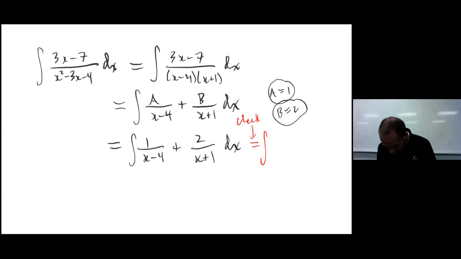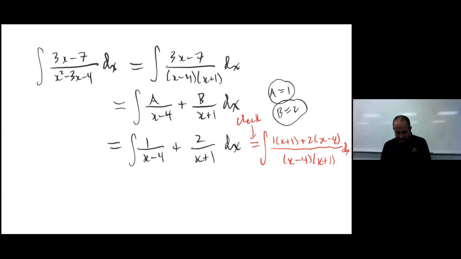This would be 1 times x plus 1 plus 2 times x minus 4, all over (x minus 4)(x plus 1) dx, okay? And guess what this is right here? What do you get? 3x minus 7. Check, right? Everything seems to check out.